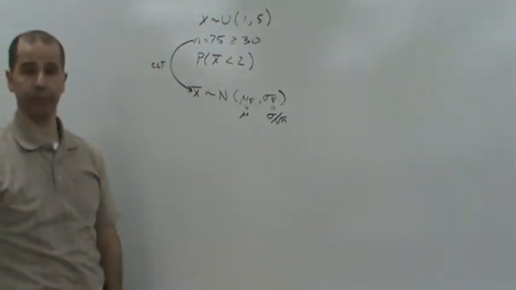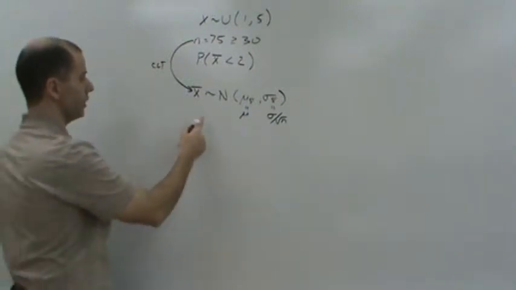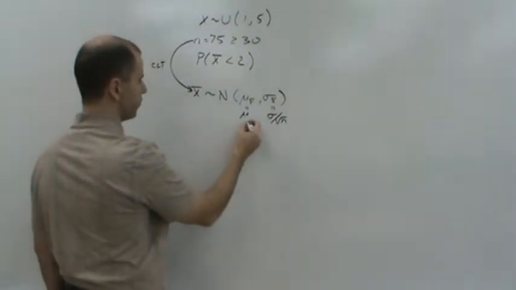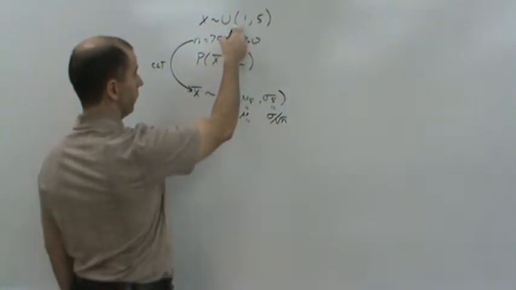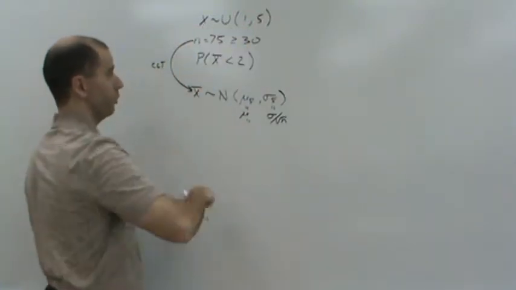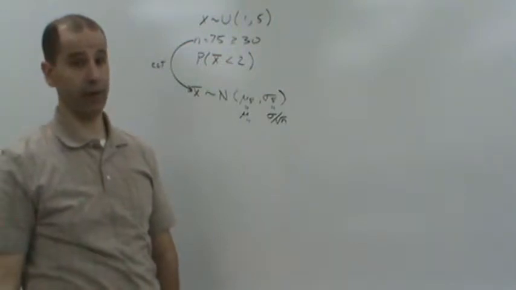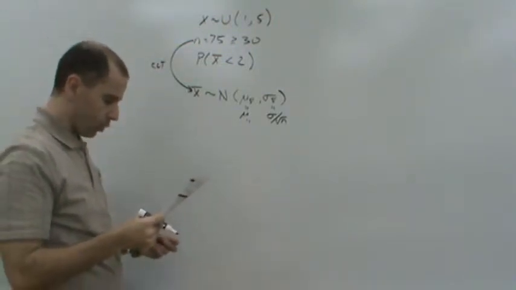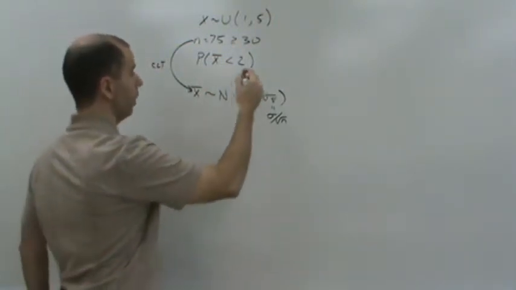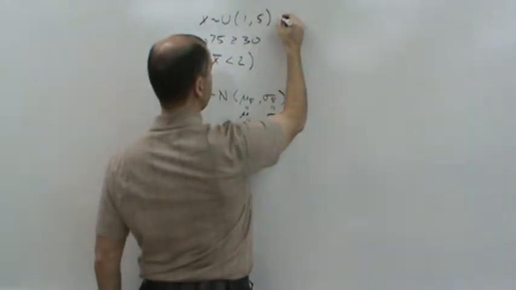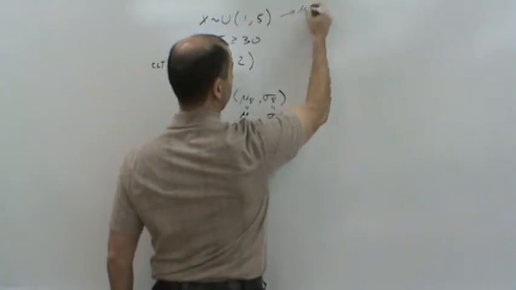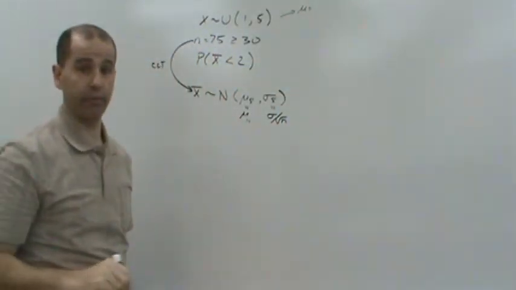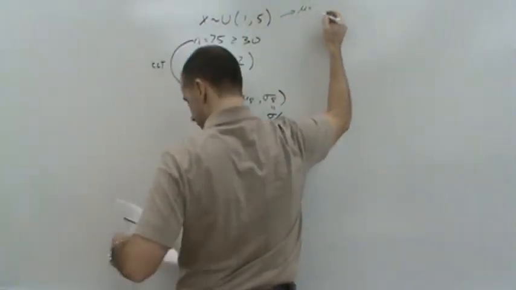Since we know that it's normal, now we can use this information. It's going to have the same mean as the population. What's the mean here for the uniform? That's what we need to figure out. If you recall, the mean for a uniform distribution is the midpoint of the rectangle, so it's a plus b divided by 2.